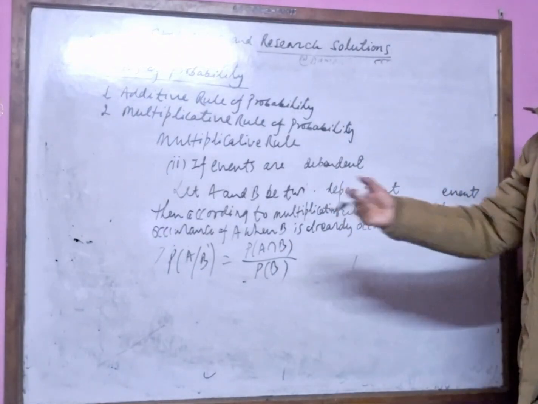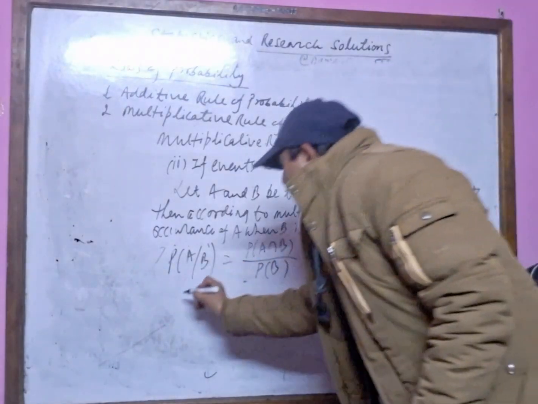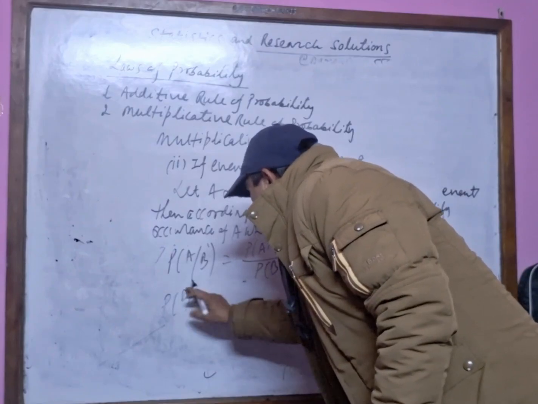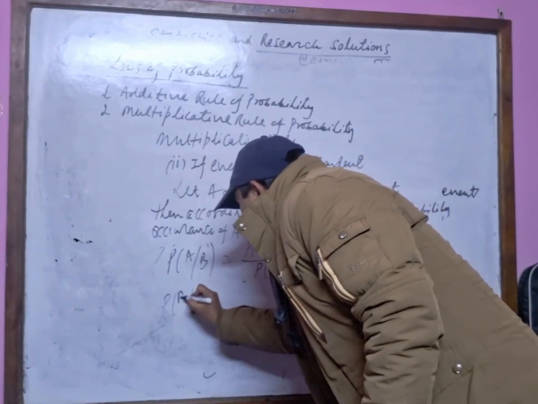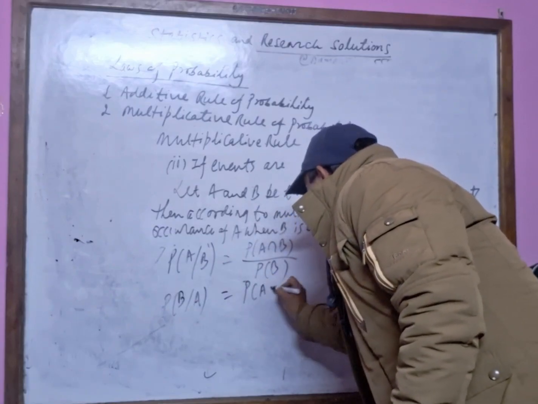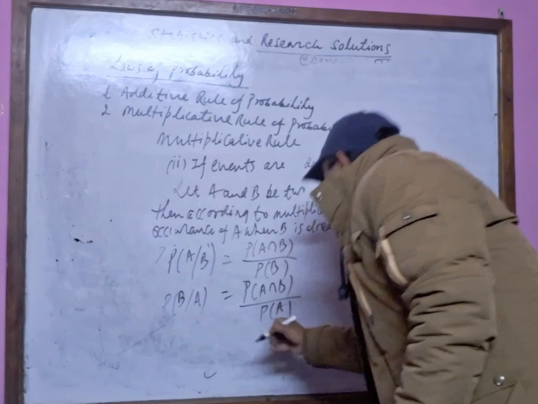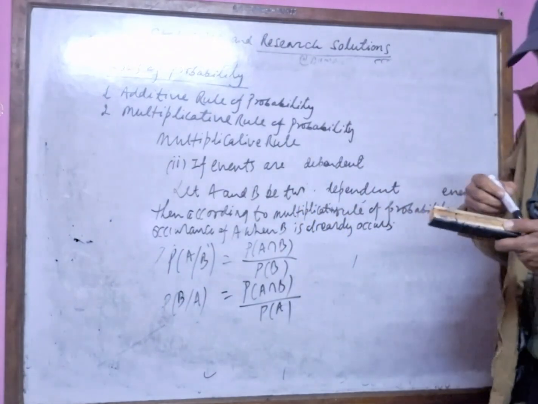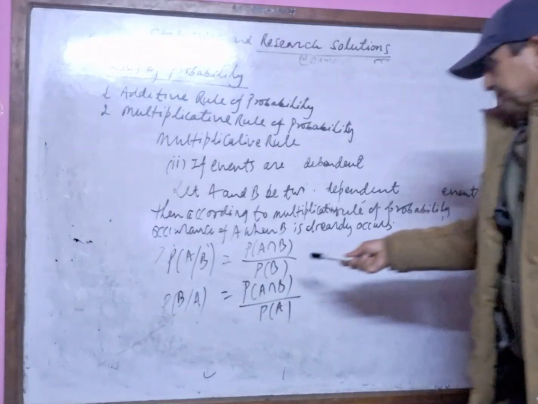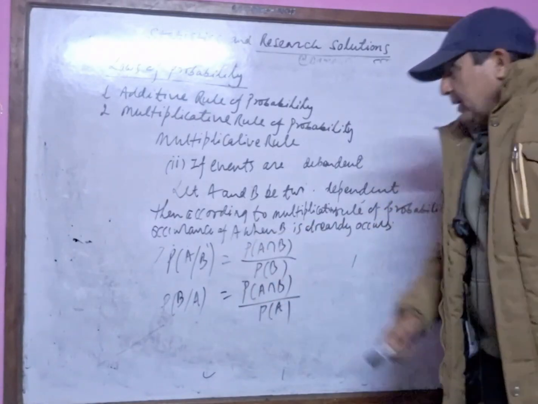Sometimes B is independent and A is dependent; in that case you write P(B by A), which is P(A intersection B) upon P(A). The one which is dependent, you write in the denominator.